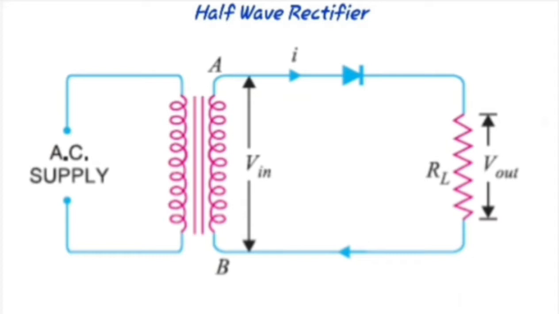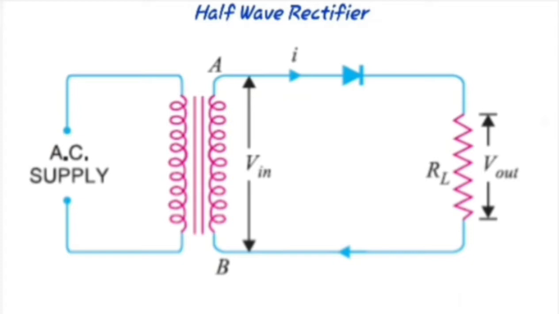So when A is positive with respect to B, the diode will be forward biased, and if that diode is forward biased, then it will conduct electricity. Now in the next half cycle of the wave, A will be seen negative with respect to B. In that case the diode will not conduct. That's why we will not get any output for that particular input.